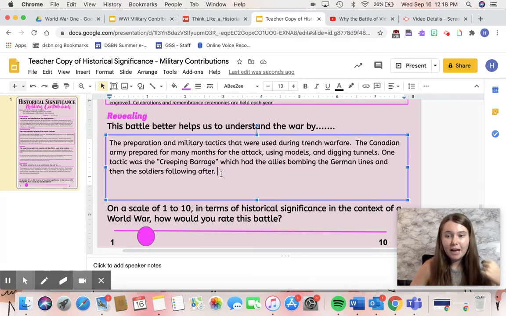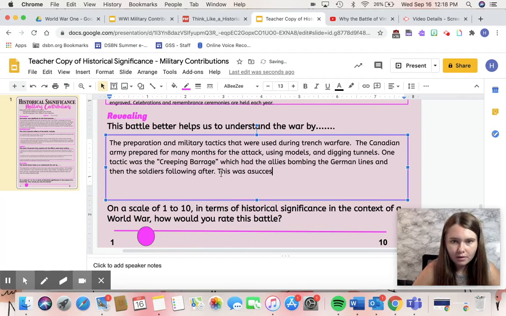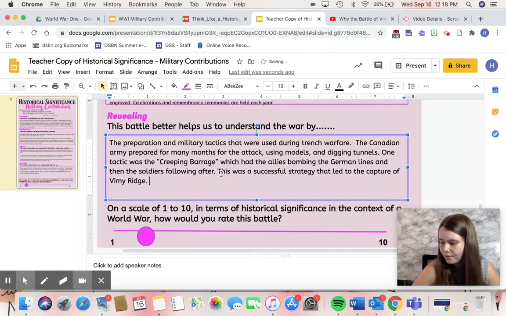And they had to keep the timing, or else if the soldiers moved too quickly, they would get attacked by their own bombs. So this was a successful strategy that led to the capture of Vimy Ridge.